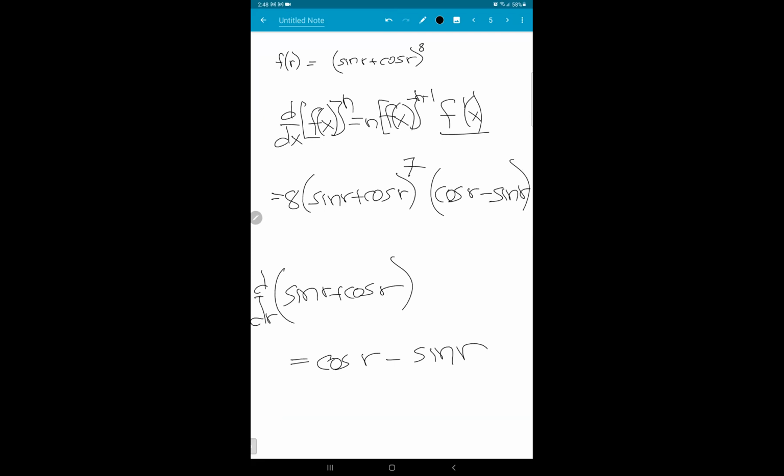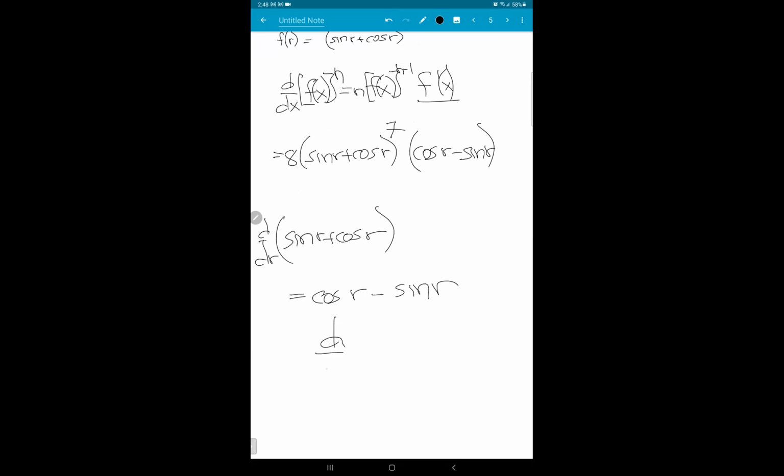Take note again, the derivative of sine x with respect to x is cosine x, while the derivative of cosine x with respect to x is negative sine x. Take note, it should be negative. So they're just interchanged.